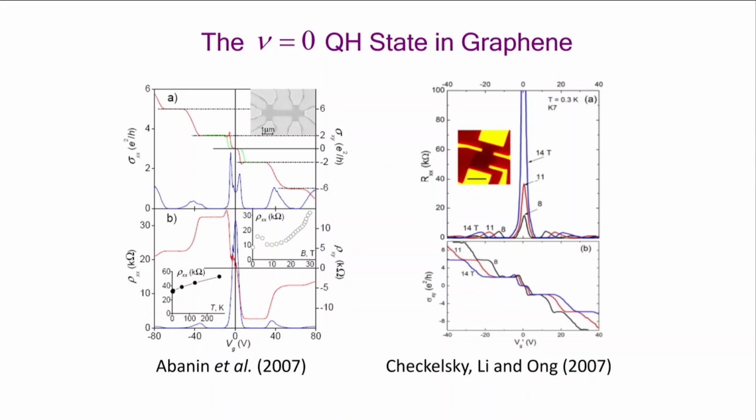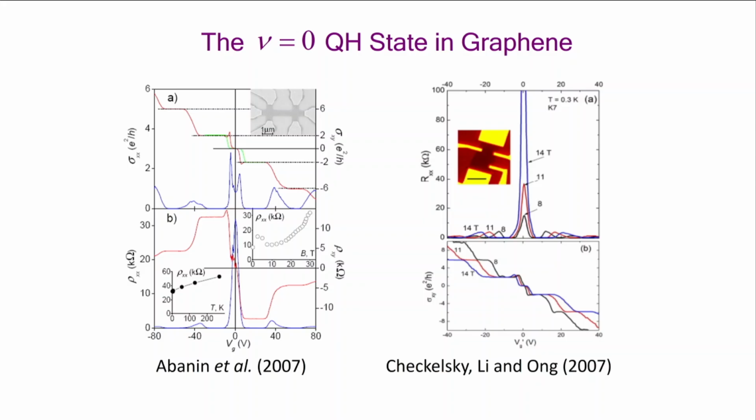There's no chirality here, obviously. Now you look at the longitudinal resistance, and you see that when the plateau develops at the strongest magnetic field, there's a peak and not a dip in the resistance. In fact, if you continue to increase the magnetic field further, you see a very high resistance at exactly zero filling.